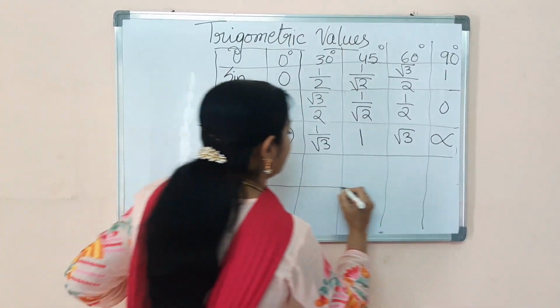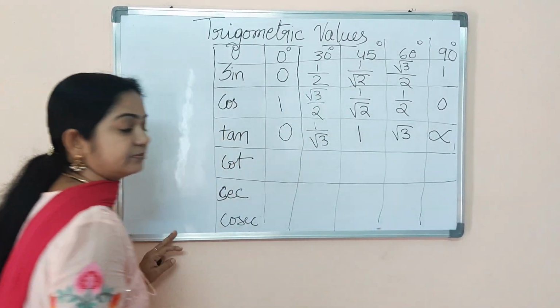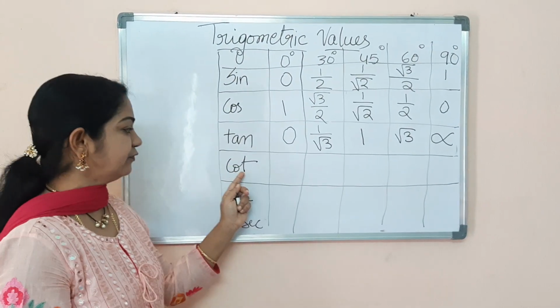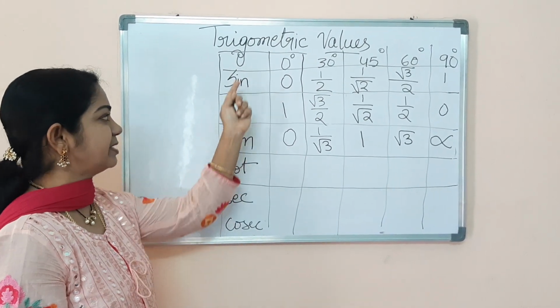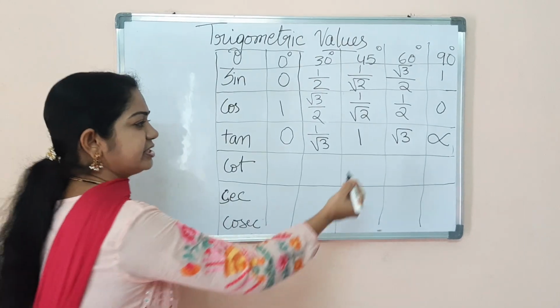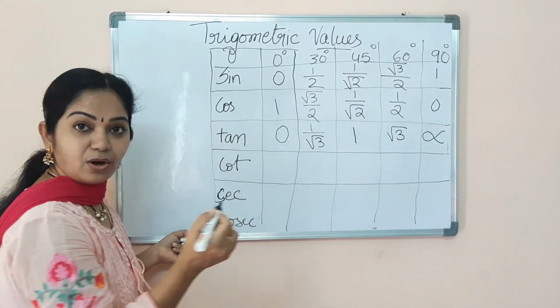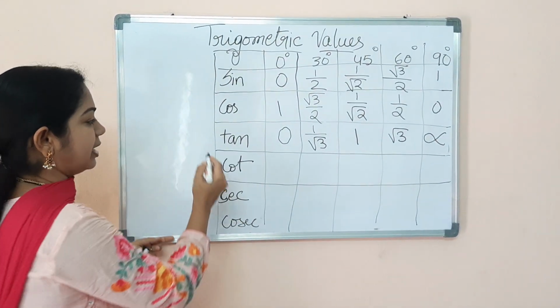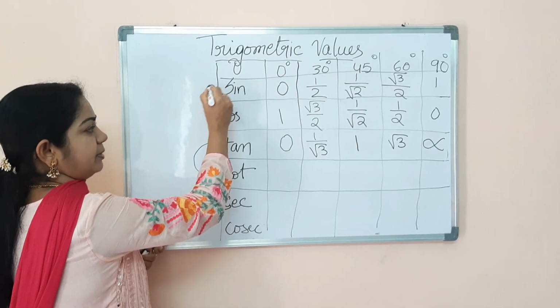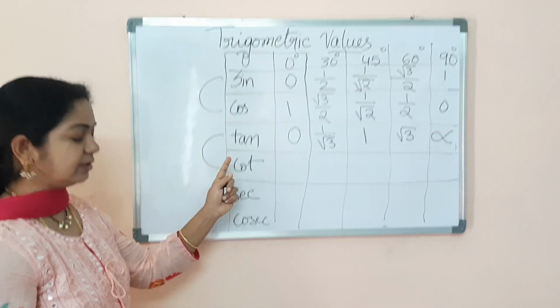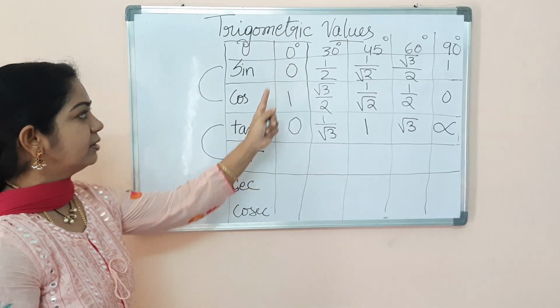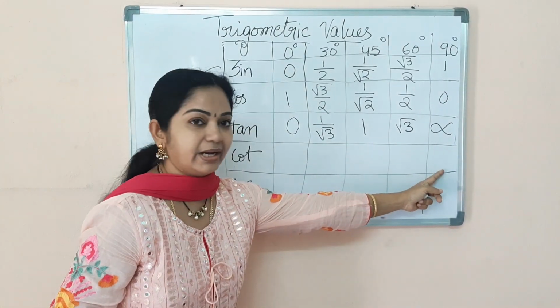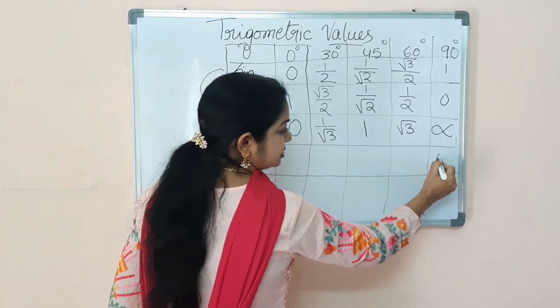Now, the cot values. Again, if you know the formula, that cot is cos by sine, you can do that, or just crisscross the values, or also we know that tan and cot are the complementary pair. Tan 0 degrees equals cot 90 degrees. That means 0 should be written here.